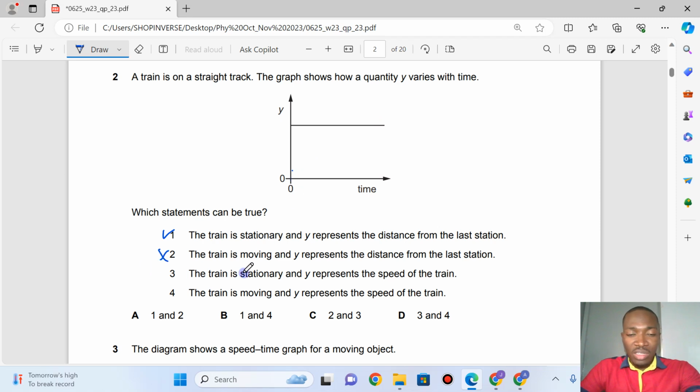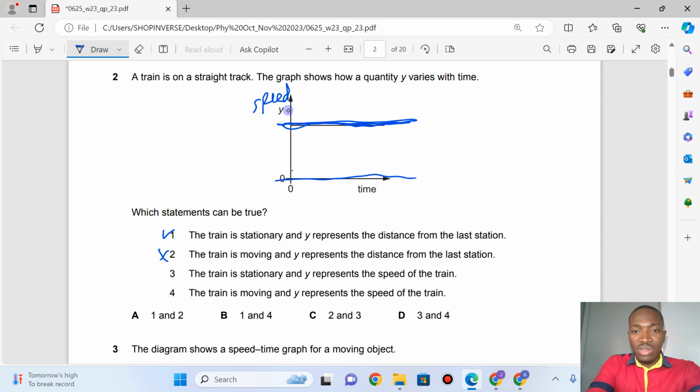Number 3, the train is stationary and y represents the speed of the train. If y represents the speed and the train is stationary, then this does not mean the train is stationary.